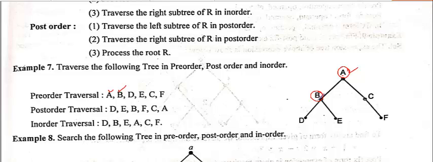Now B is the root of these two, so you have already visited the root. Then you will visit the left tree, but you do not have any left here. Then you will move to the right, E. Now you will come back and then you will visit the C and then you will visit the F. So this is the process of pre-order.